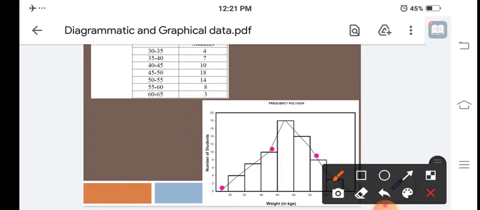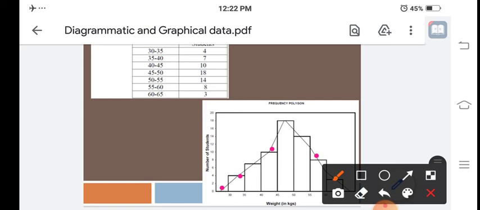How to draw it? Take the middle of the horizontal top side. For the class interval 30 to 35, 30 plus 35 is 65, and 65 divided by 2 is 32.5. On the x-axis, the weight, between 30 and 35 the point will be 32.5, so plot the point there.